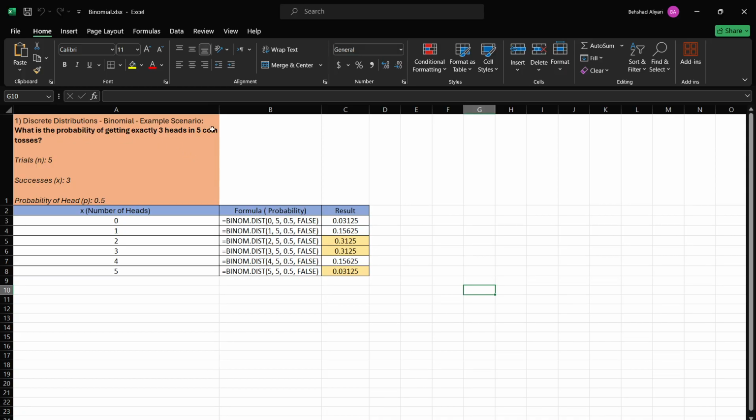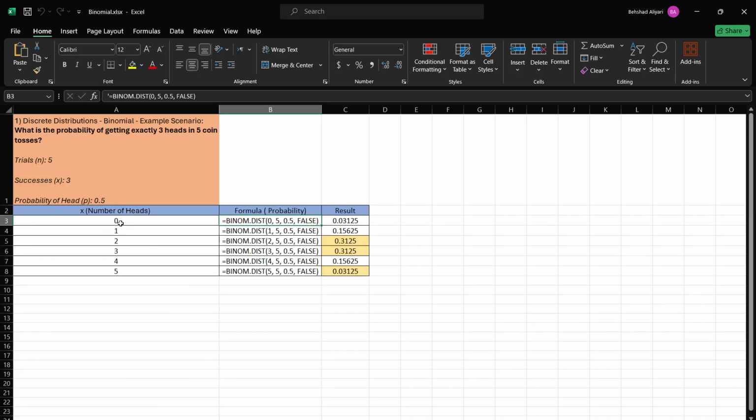So from this question, we can extract this information. Trials, which is 5, or also known as our n, successes, or x, which equals 3, and the probability of heads, which is our p, equals 0.5. Now, as I mentioned earlier, we can use this formula right here inside of our Excel sheet to get our result.